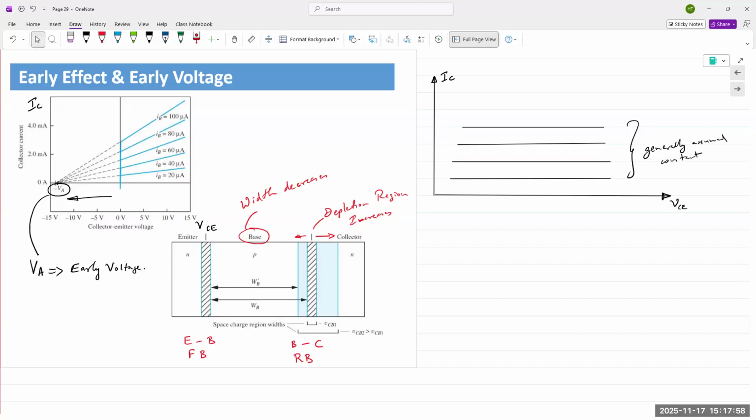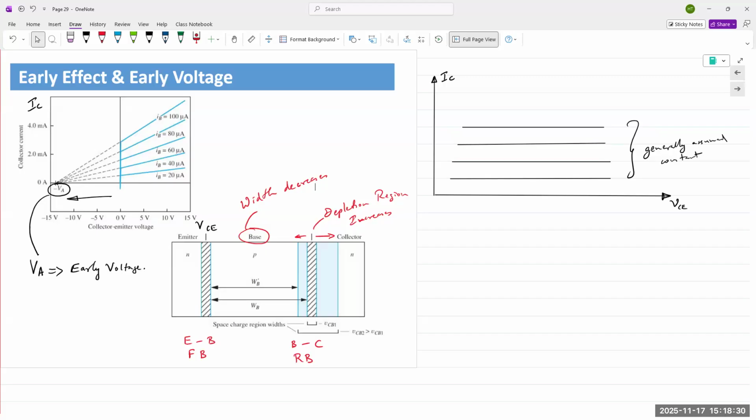The effect of increasing VCE is that it is increasingly reverse biasing the collector base junction. And because of the increasing reverse bias, the depletion region is increasing. Because the depletion region is increasing, the base width is effectively decreasing.